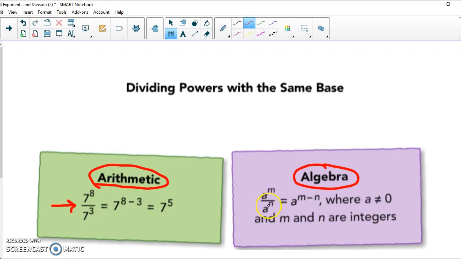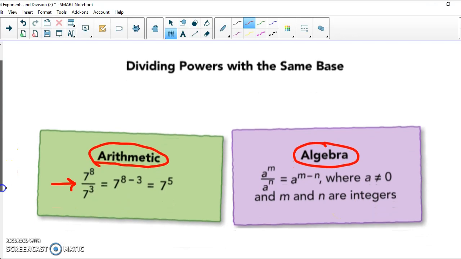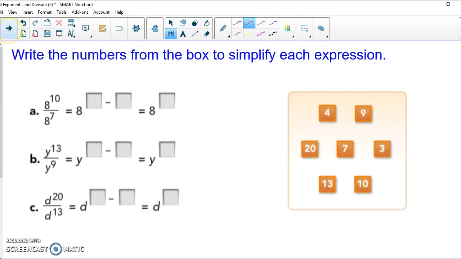We just keep letters instead of substituting in numbers. So a to the m divided by a to the n equals a to the m minus n. Now notice this doesn't work when our base equals 0. This is just for when our base is non-zero and m and n are integers. That's the only way that this rule or this property works.